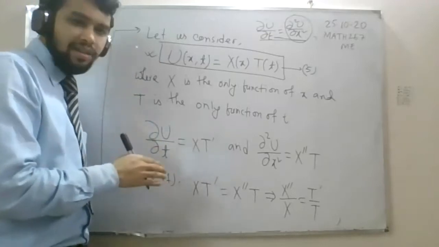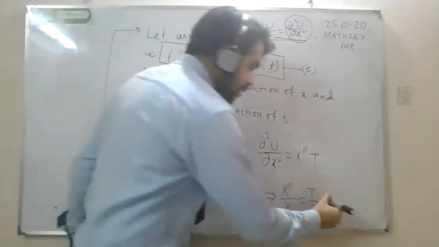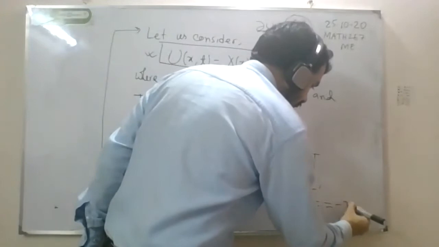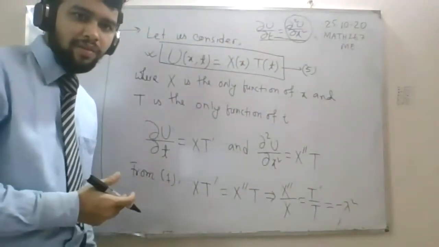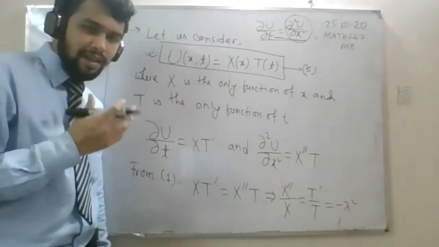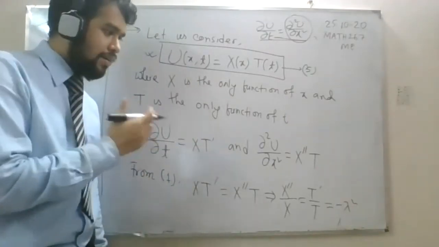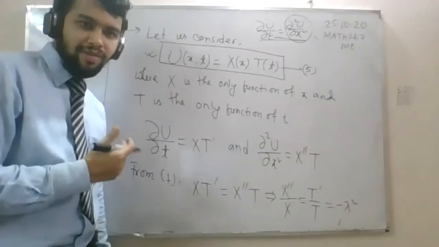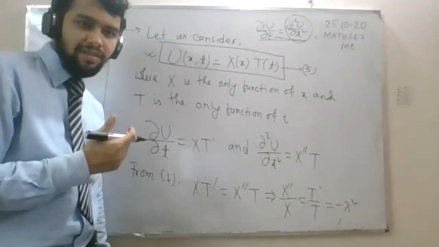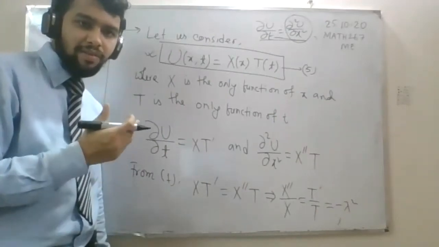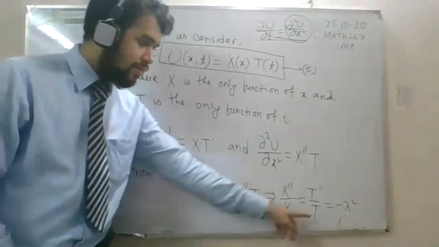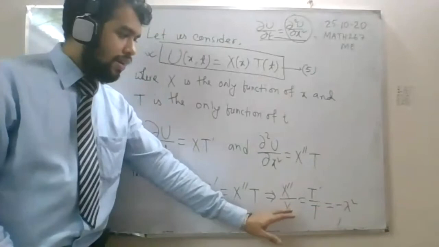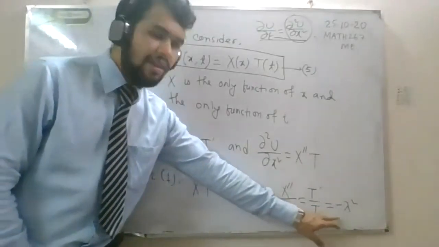But here you have to let the constant minus lambda square for solving this kind of problem. Just remember that for solving a first order first degree partial differential equation, always just let the constant equal to n, but for higher order you have to let minus lambda square.